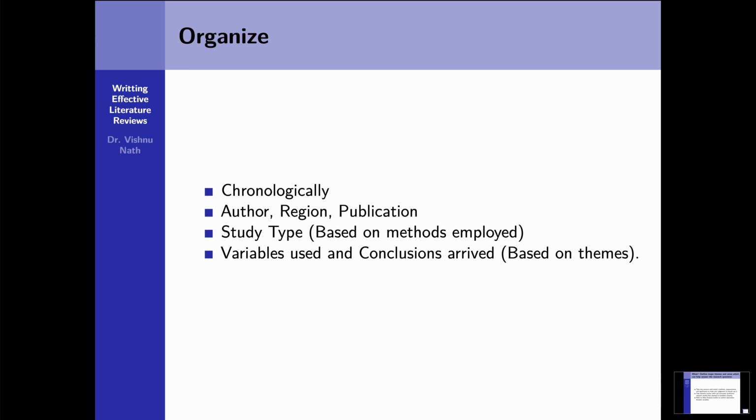Secondly, organize your work by author, region, and publication type. When you read papers and you have a particular favorite area that you are researching, you will notice that there are five or six authors publishing continuously on that one area, and they are the domain experts. These people usually publish in the big journals of your subject, and they have very high impact papers.